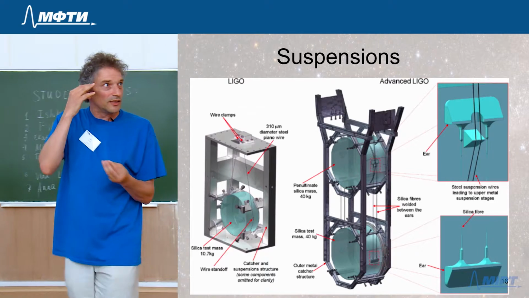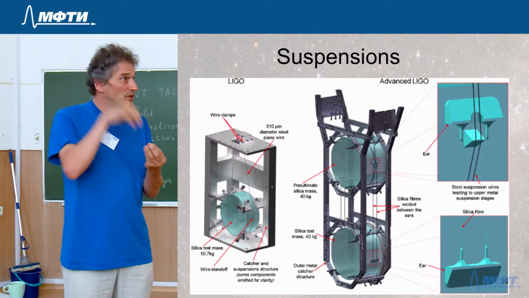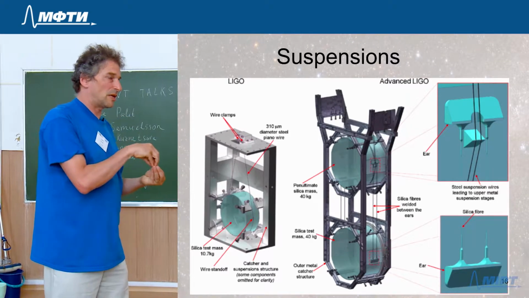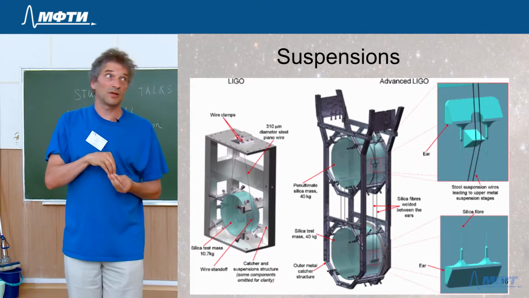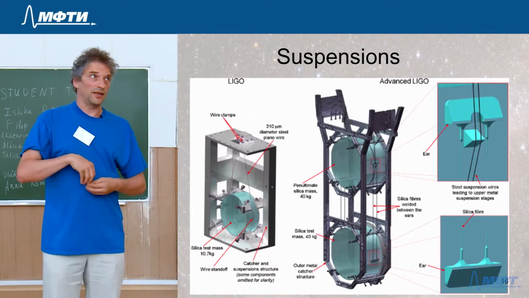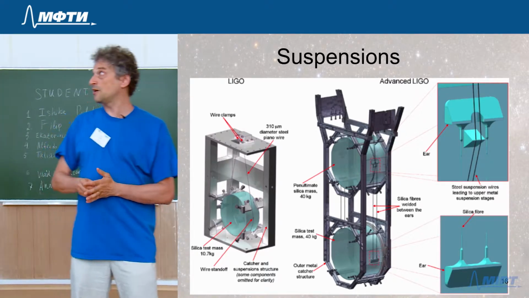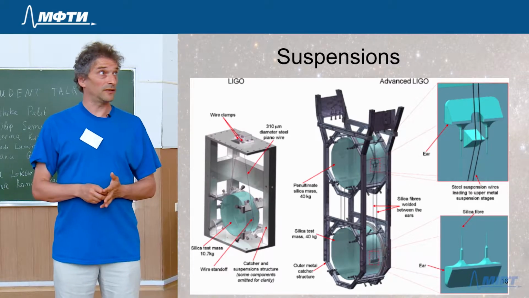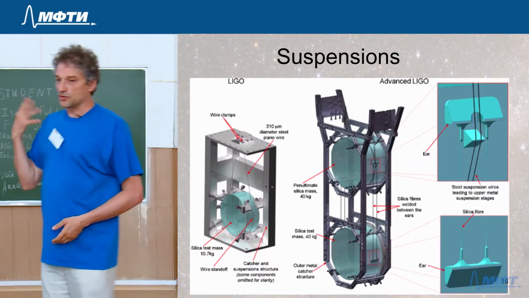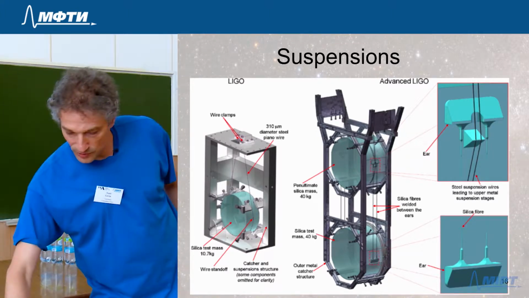So it took a long time to zero in on this design. And actually some of the key ideas also came from Braginsky's group in Moscow. And they were later developed further and implemented by Jim Hough and Sheila Rowan in Glasgow. So these are what the mirrors look like.